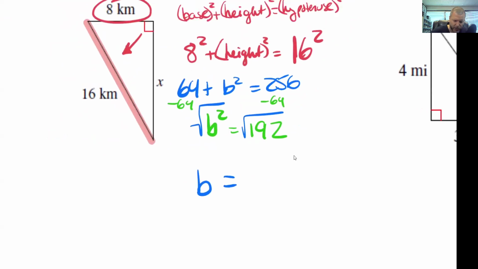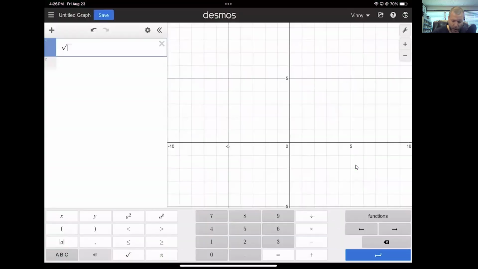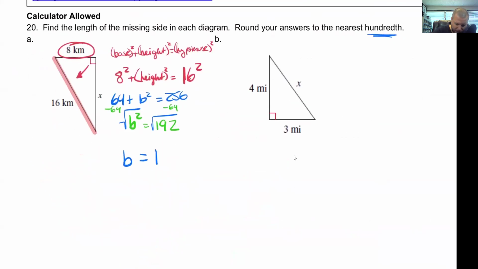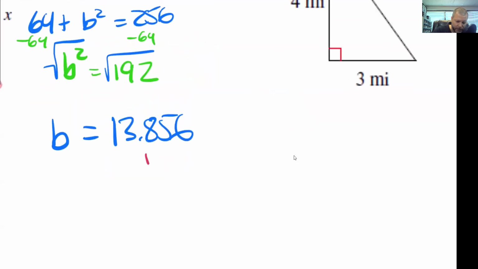So let's see what that change would be. If I did the square root of 192, I get 13.85, and it said round to the nearest hundredth. I think it was a 6 at the end of it, 13.856. So in terms of our decimal, we have tenths, hundredths, and thousandths.